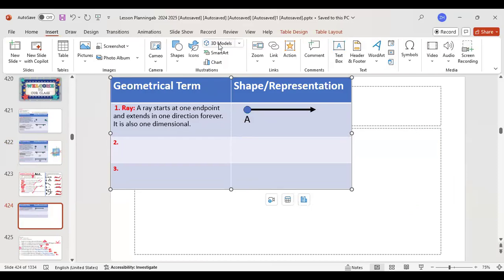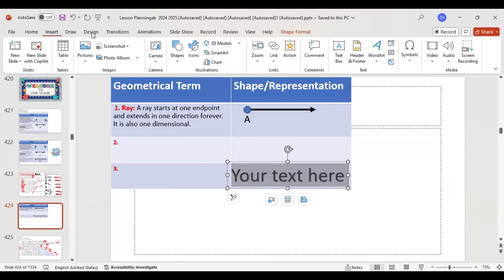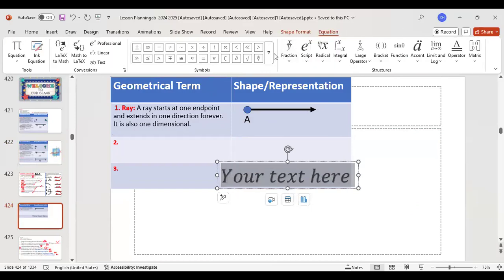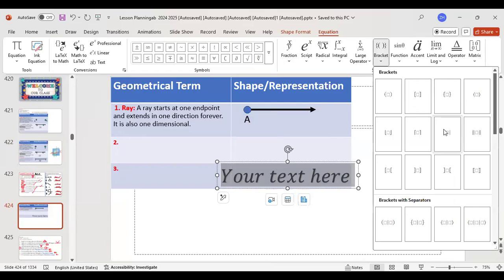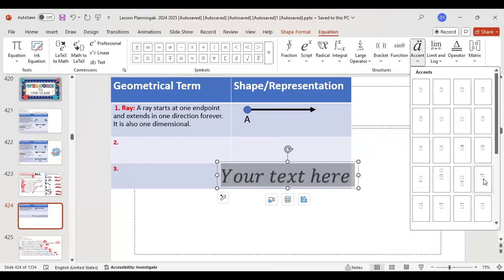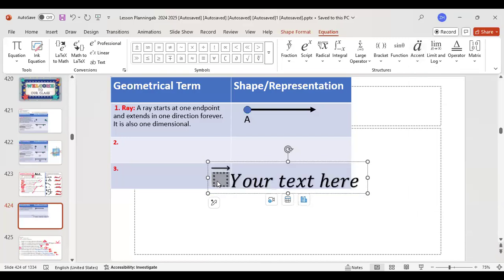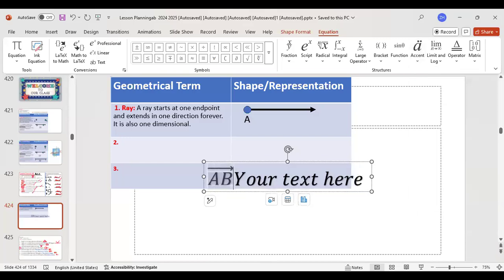And the symbol that we use, do they have it? They do? Yeah, so it's gonna be AB.